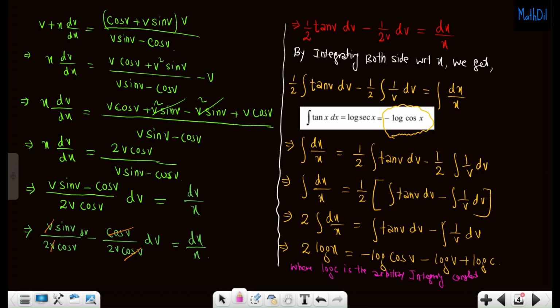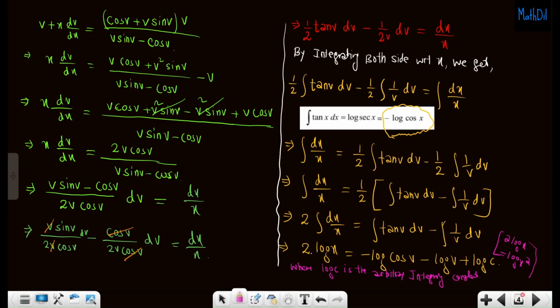See, we can write this 2 in the power of x by using the log property. What is the log property? That if a log x, you can write it as log of x to the power a, where a is my constant.